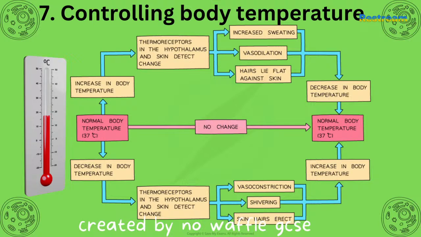The thermoregulatory center is a part of the hypothalamus, and you have the receptors here because the thermoregulatory center acts as a coordination center. And remember, a coordination center, what does it do? It receives information, processes a response, and ensures that the response is carried out.